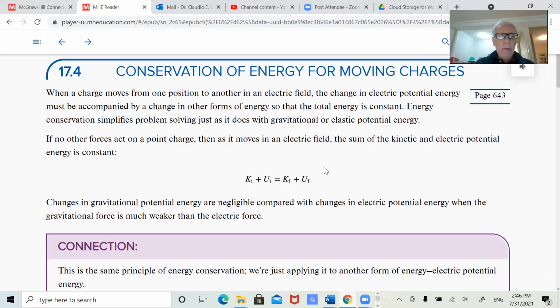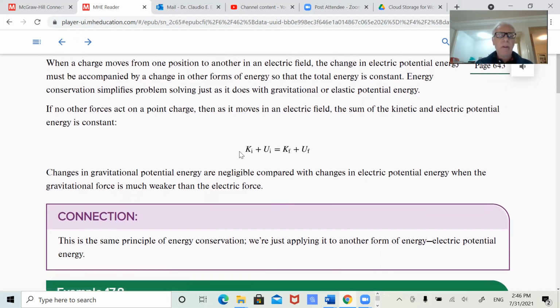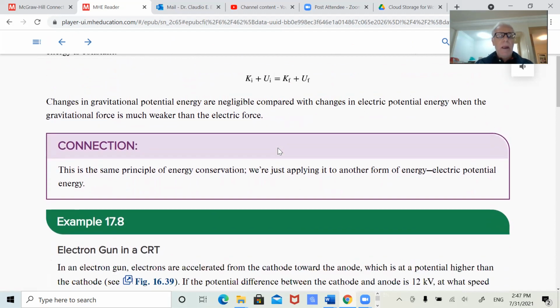Basically we have potential energy plus kinetic energy, and if the energy is conserved, initial potential energy plus kinetic energy is going to be equal to final potential energy plus kinetic energy. That's what we have in there.